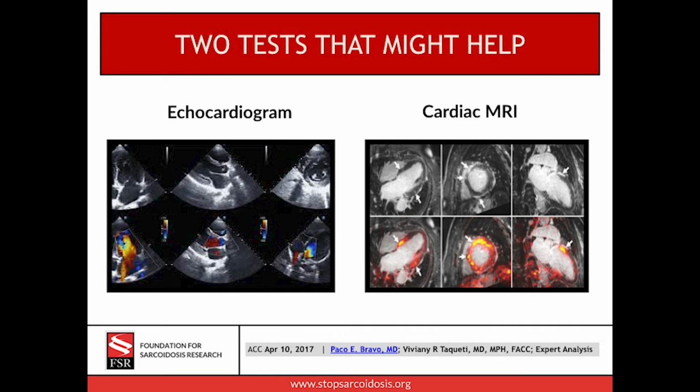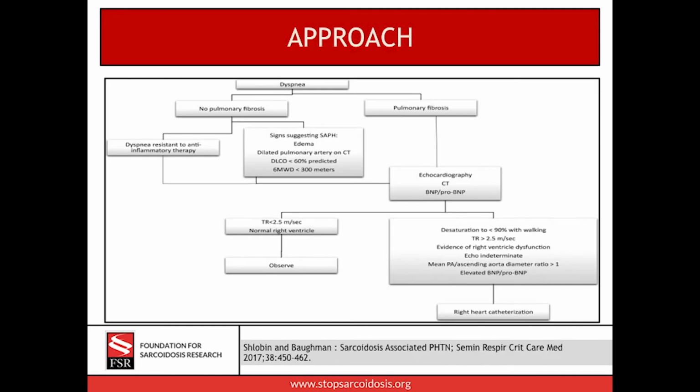So that's an easy test, very reproducible, but it's not as good if you have advanced lung disease. MRI is a better test, but again it's associated with claustrophobia. If you have a pacemaker, you cannot get it, I mean with the older pacemaker. So, like I said, it's a high index of suspicion, and the treating provider has an outline or a framework to follow through.